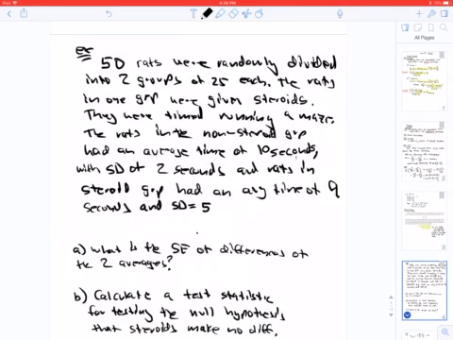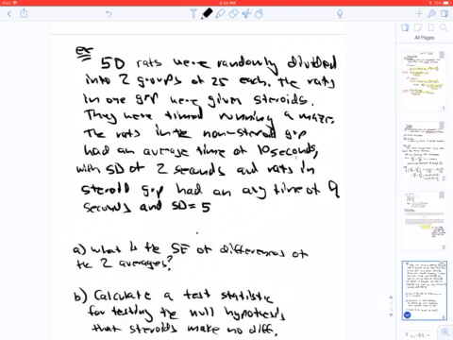So we looked at an example where we're going to do a statistical test, a two-sample test. Here we have 50 rats randomly divided into two groups of 25 each. The rats in one group were given steroids. They were timed running a maze.